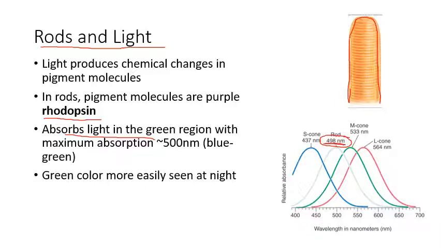Okay? And you can see where it falls on the visual spectrum. It falls between blue and green, closer to green, right? So at night, when it's starting to get dusk out, that is when you start using your rods, because remember, these are more sensitive to low light. We can use them in low light, where the cones we need bright light to be able to stimulate them. But rods we can stimulate with dim light.